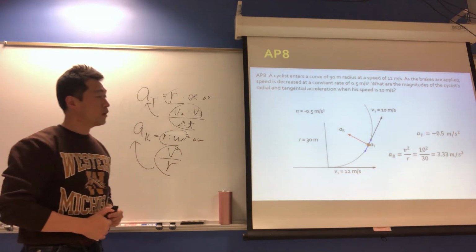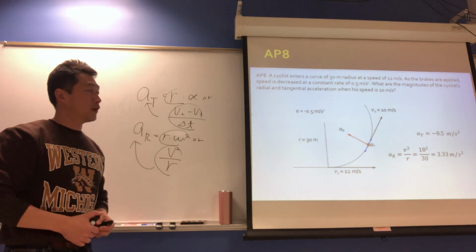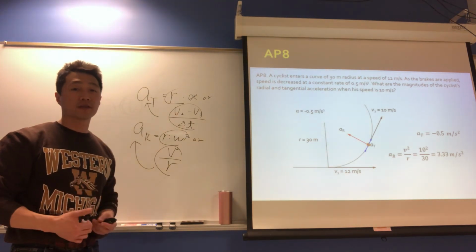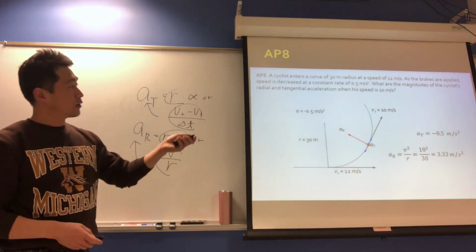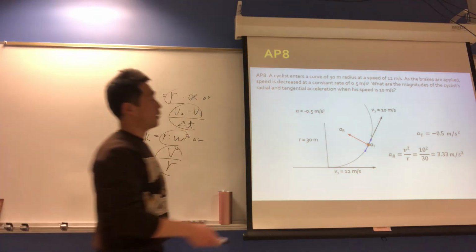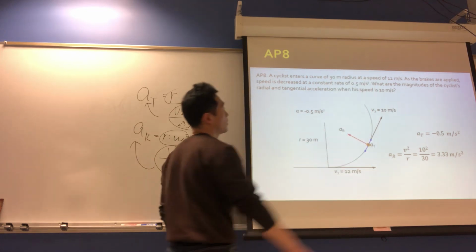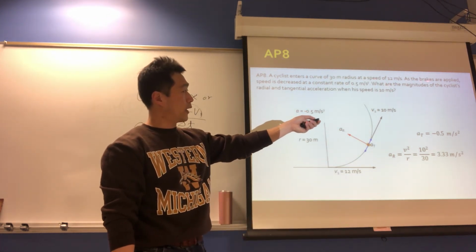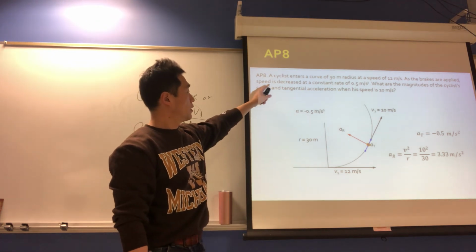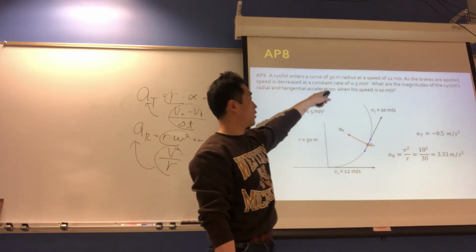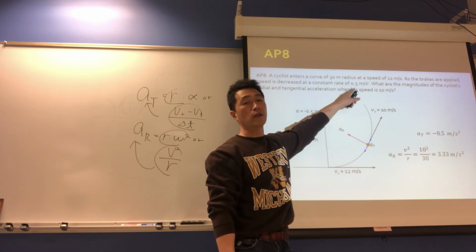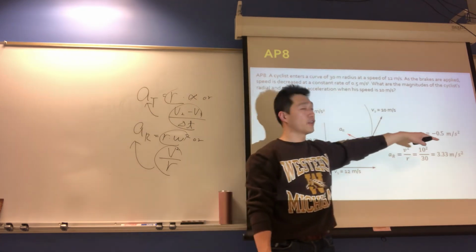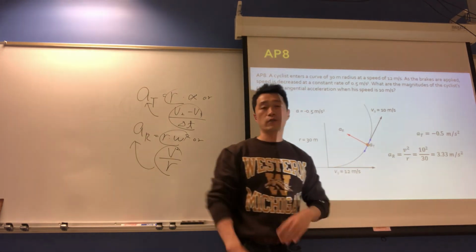But in this question, one very important piece of information is already provided, which is 0.5 meters per second squared. Let me read this again: as brakes are applied, the speed is decreased at a constant rate of 0.5 meters per second squared, which means this is the tangential acceleration.